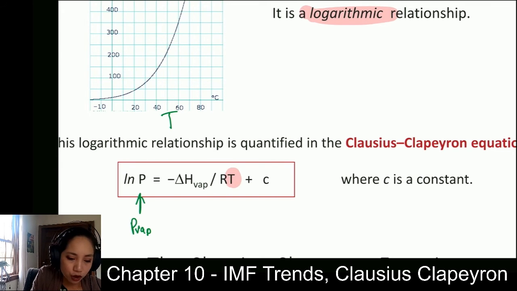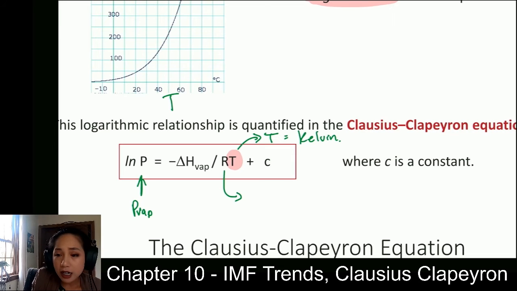Temperature here has to be in Kelvin, as with all the stuff we've been doing. And R is not the gas law constant that we used in chapter 9. It's not 0.08206. It's actually 8.314 joules per mole Kelvin. That is our R value.